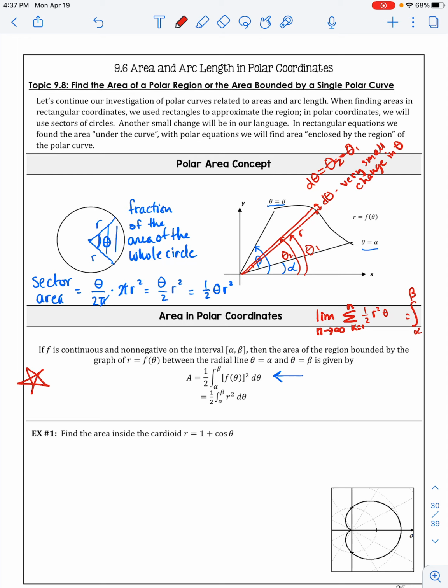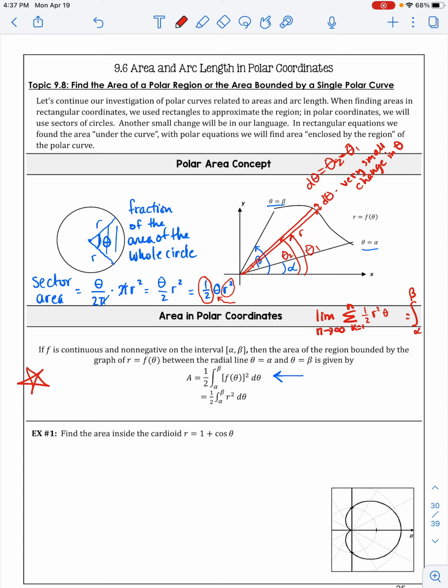It says if f is continuous and non-negative on the interval from alpha to beta, then the area of the region bounded by the graph of r equals f of theta between the radial lines theta equals alpha and theta equals beta is given by the area equals 1/2, which is coming from this equation, the integral from alpha to beta of f of theta squared, our r squared, d theta.